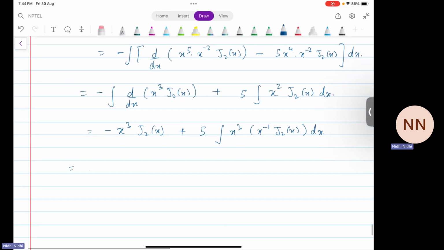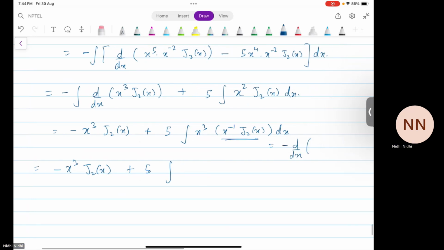So this is equal to minus x cube J2x plus 5. Now this term is equal to minus d by dx of x square, x power minus 2, x power minus 1 J1x. So this plus gets minus x cube d by dx of x to the power minus 1 J1x.